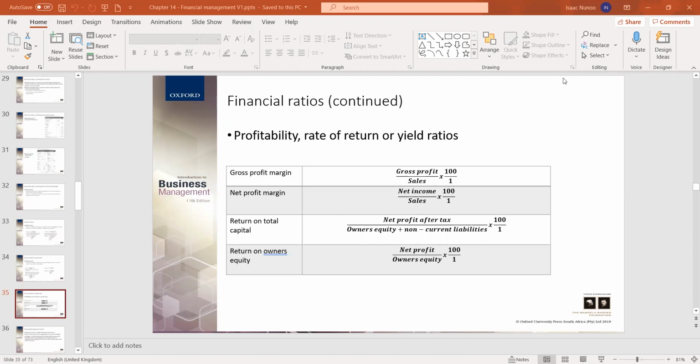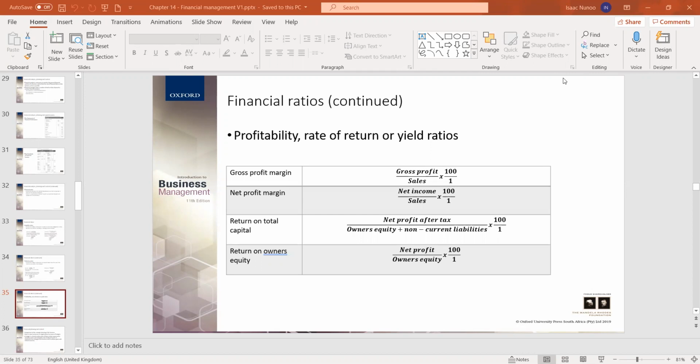We can talk about the net profit margin. The net profit margin gives an indication of the overall profitability of a firm and management's ability to control revenue and expenses. It is the net profit after tax over sales times 100.